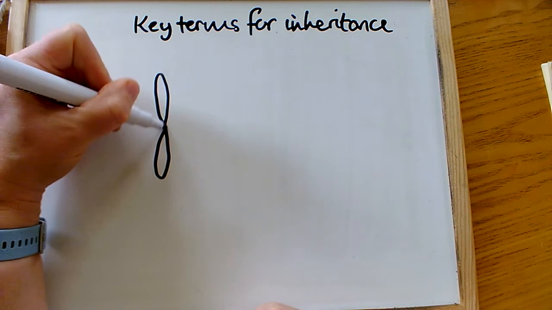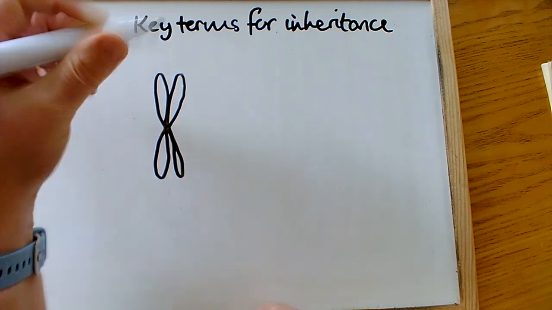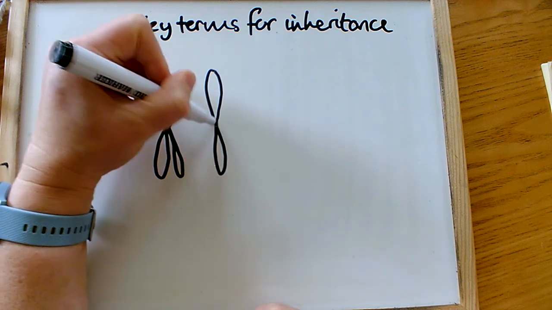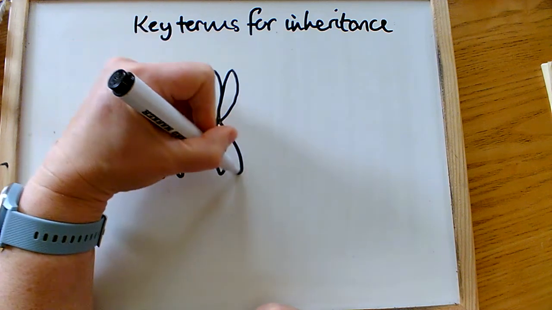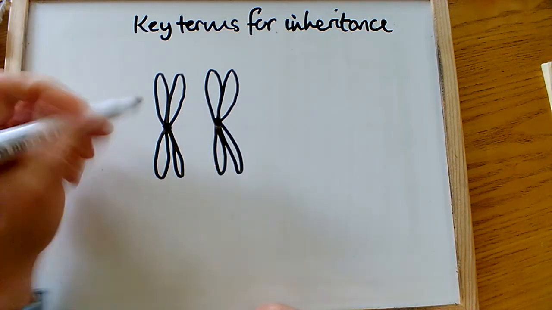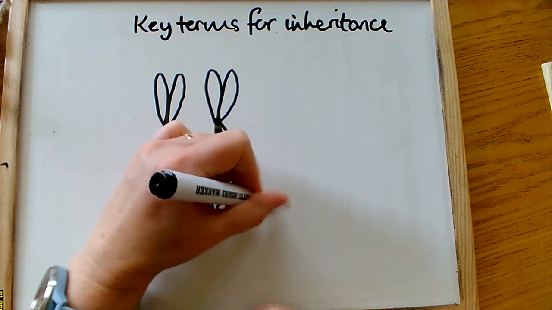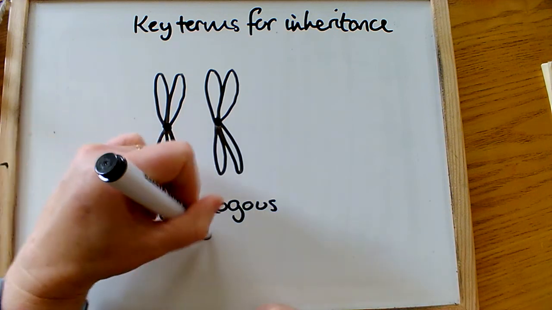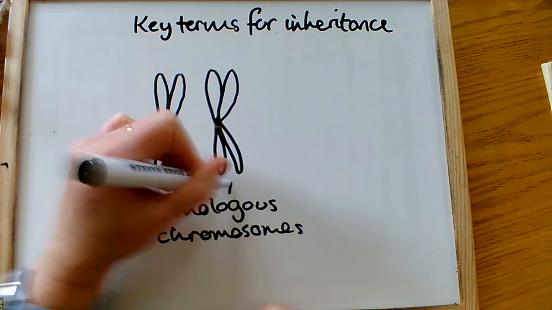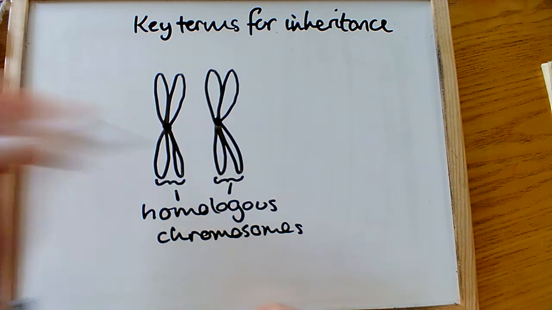So what I'm going to do is draw a chromosome, and then I'm also going to draw its homologous pair. So if we're okay with the idea that we've got here a pair of homologous chromosomes, which means that that is one chromosome and that is the other chromosome.